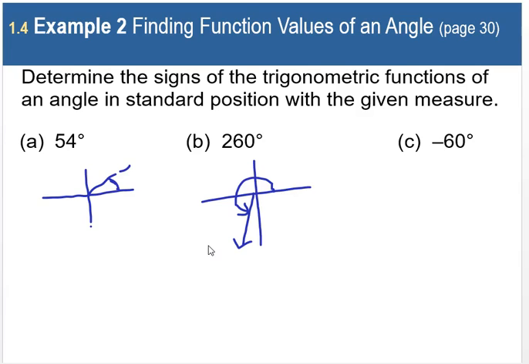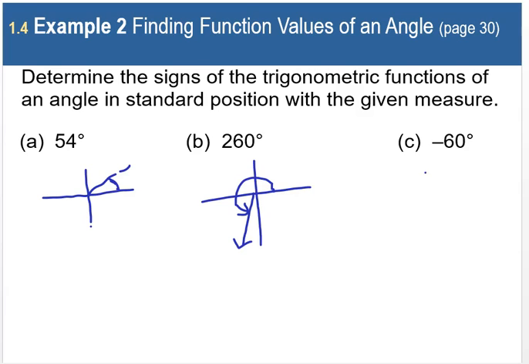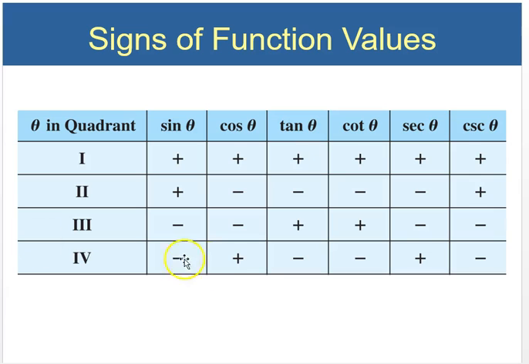All right, and then this part C, what that is going to look like is this here, because we're going in a negative direction. Again, we are in the fourth quadrant. So go back to your list of things here and look at the fourth quadrant.